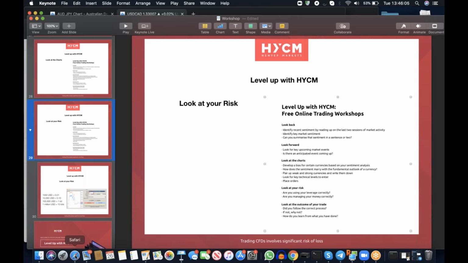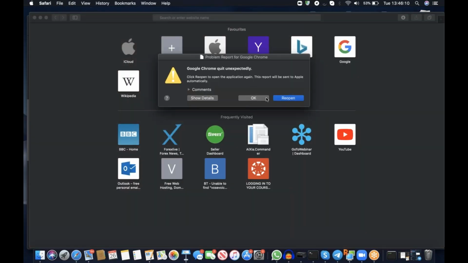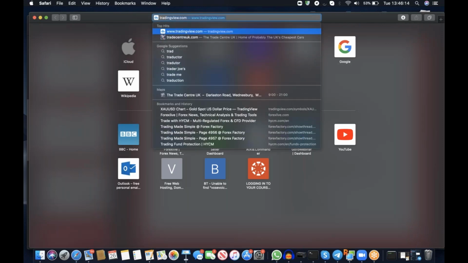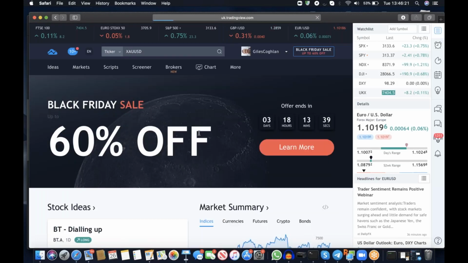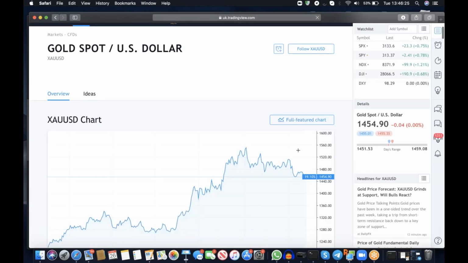So just to be aware, on the gold chart on TradingView, in the last 6 years, January has been positive for gold. So just to be aware of that.